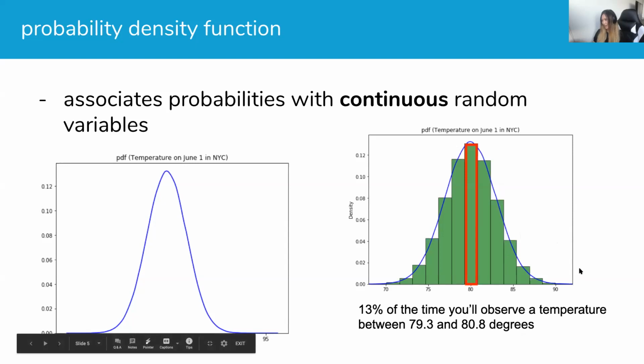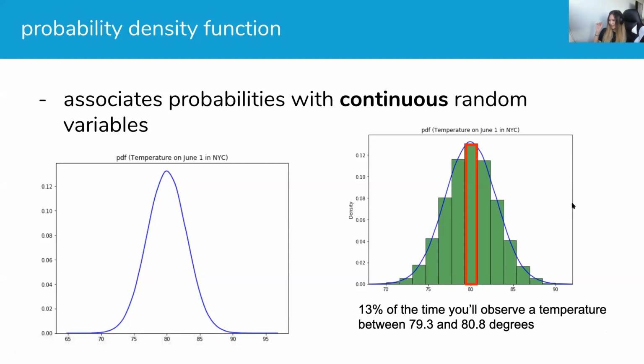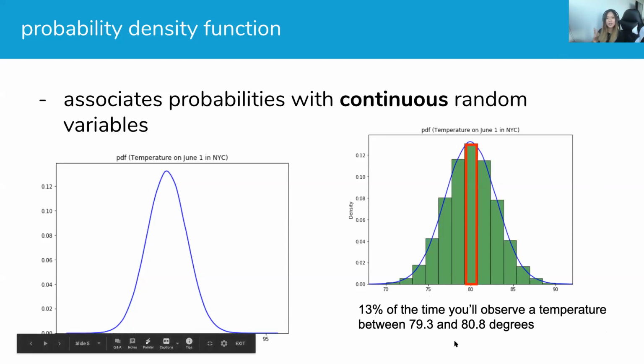Let's see, what's a good example to explain what I'm trying to get at here? Sorry, my brain has been overworked today. In a continuous random variable, we can get into smaller and smaller increments.